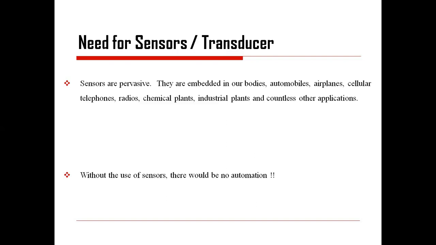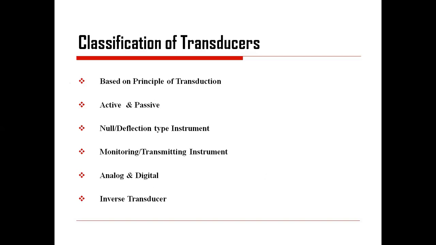Whatever we are saying, we are moving towards empowerment, and how? Over here, without a sensor, automation is not possible. So for the purpose of automation, there is a need of a sensor.